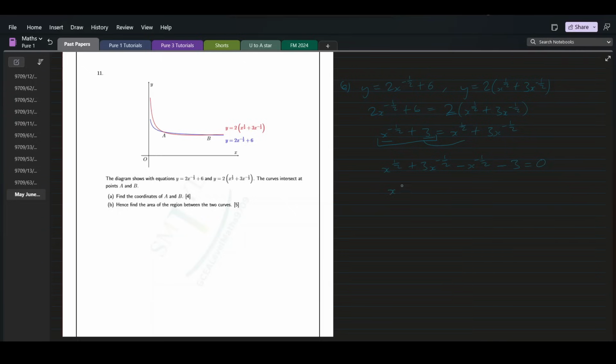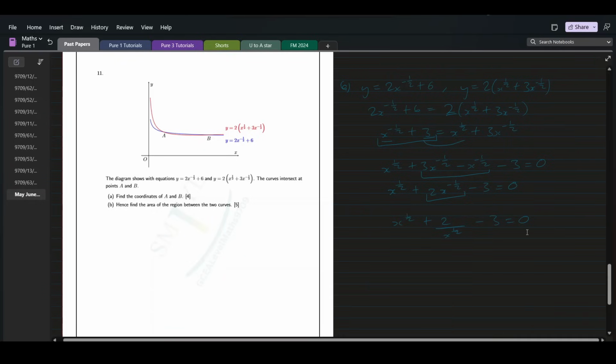Okay, so we've got x to the half, and these are like terms here, so that becomes plus 2x to the negative half minus 3 is equal to 0. Now I'm going to write this term with a positive power, so that's x to the half plus 2 over x to the half minus 3 is equal to 0.